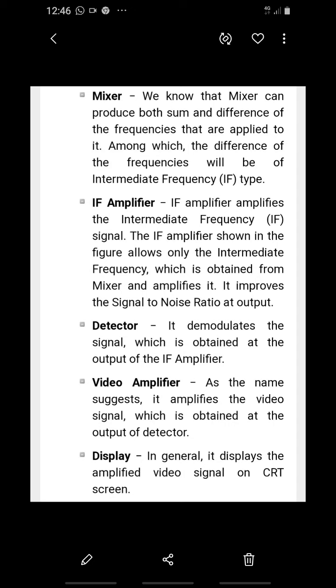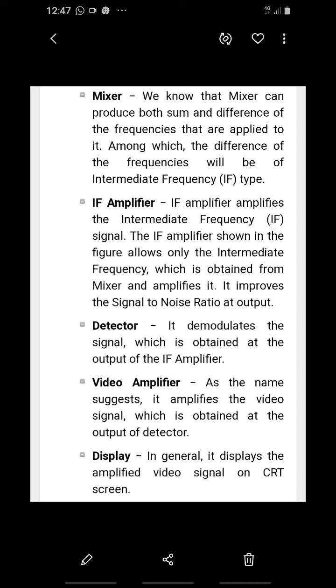Mixer. We know that a mixer can produce both the sum and difference of the frequencies that are applied to it, among which the difference of the frequencies will be the intermediate frequency. IF amplifier.